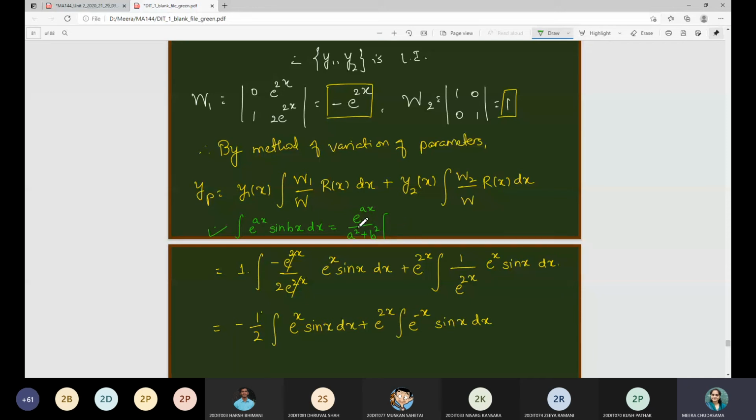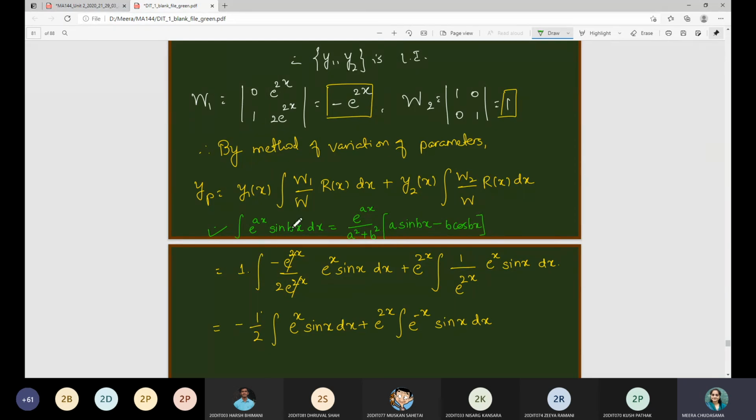So actually its answer is e raised to ax upon a square plus b square, and if a sine quantity is there, at that time you have to consider a sin bx minus b cos bx.